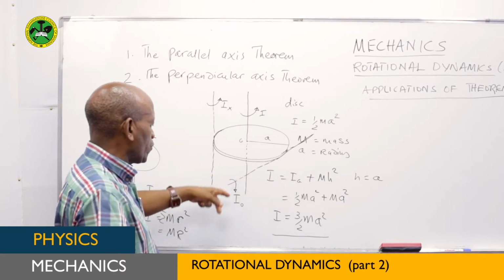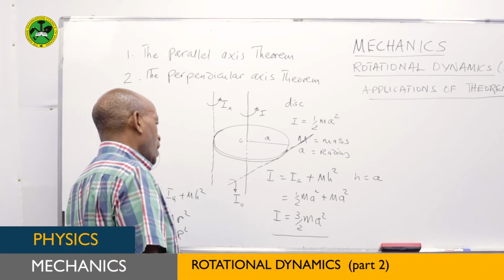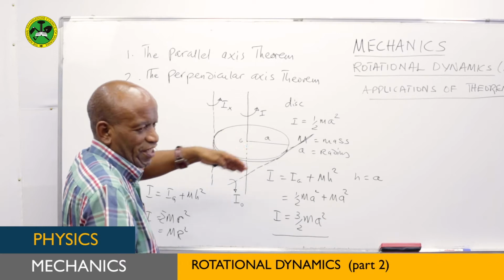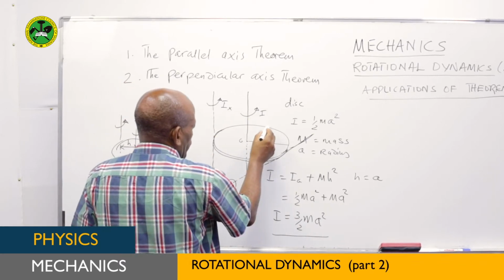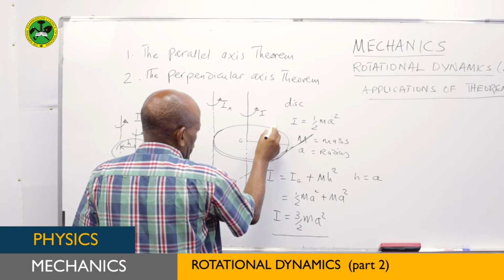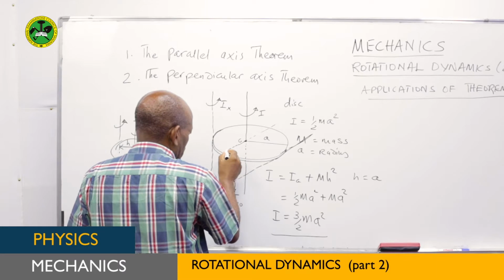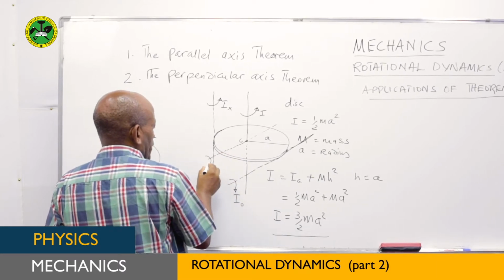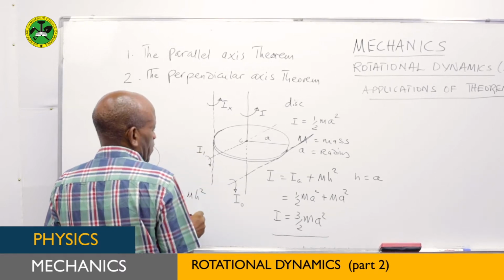To determine the moment of inertia IO for an axis which is just passing parallel with the plane, but on its edge, that is on its rim, we need now just to look for any particular moment of inertia which could just be passing, let's say, through the center of the same disk. Let me call this I1, for example.